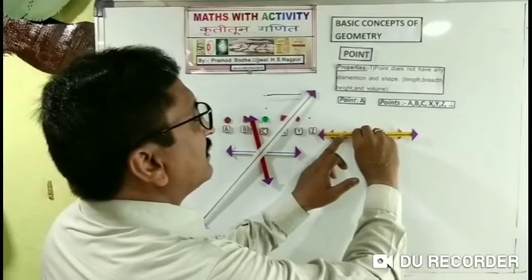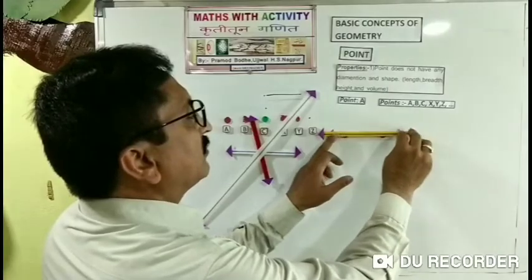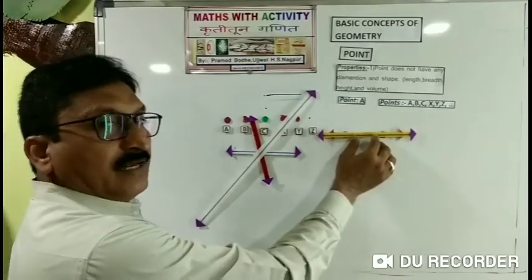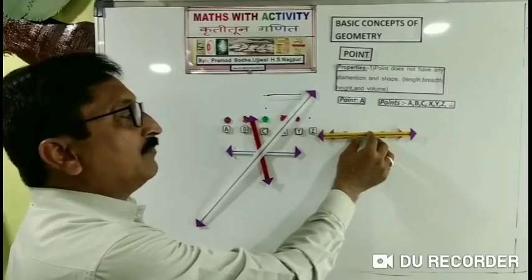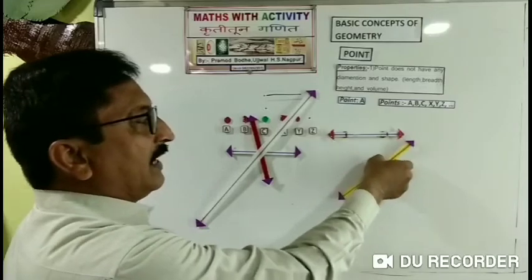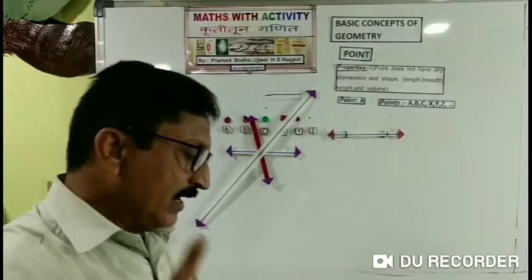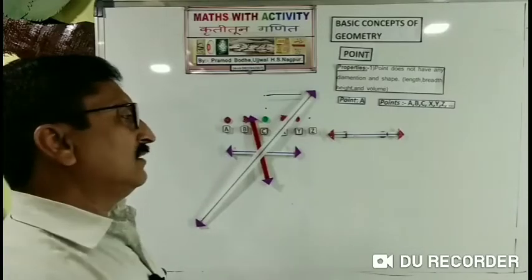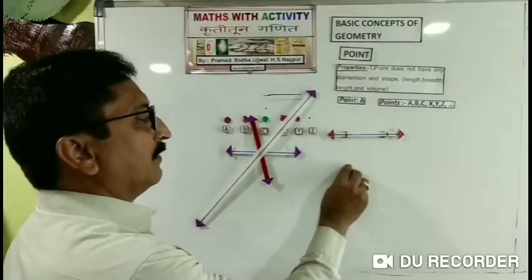See, the line will pass through the same path and both the lines will overlap each other. That means both the lines are the same. That means we can say that through any 2 points only one and one line can pass.